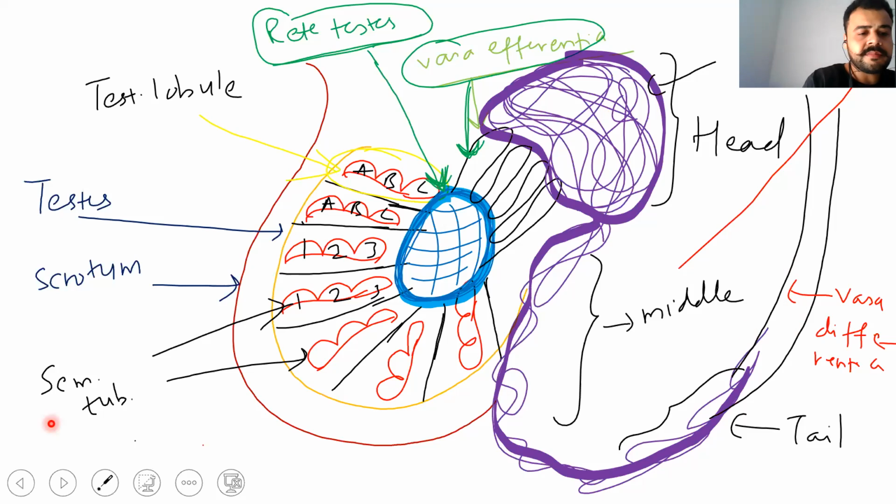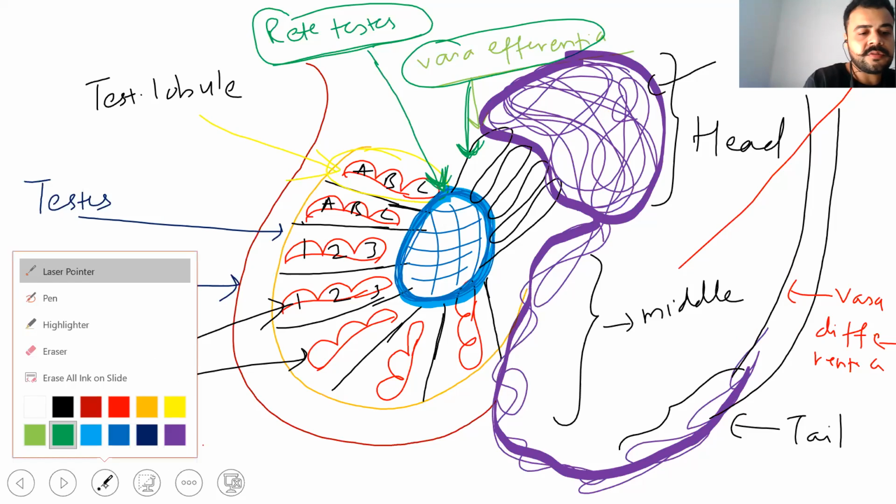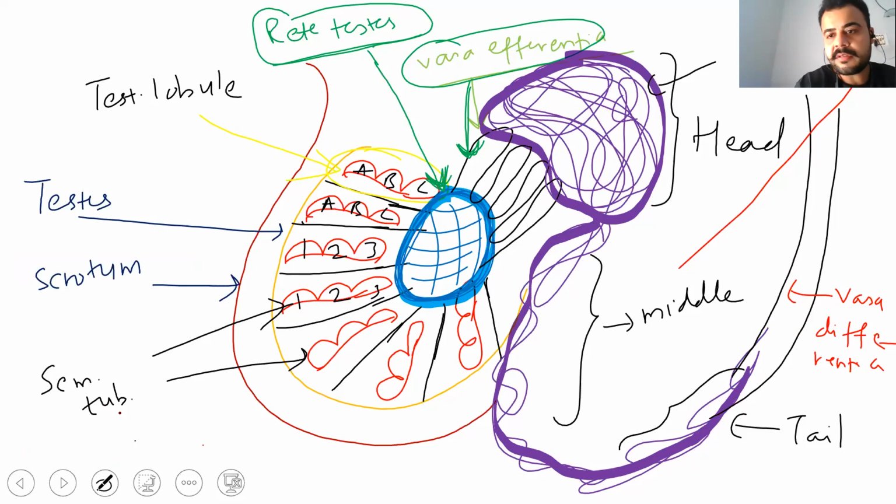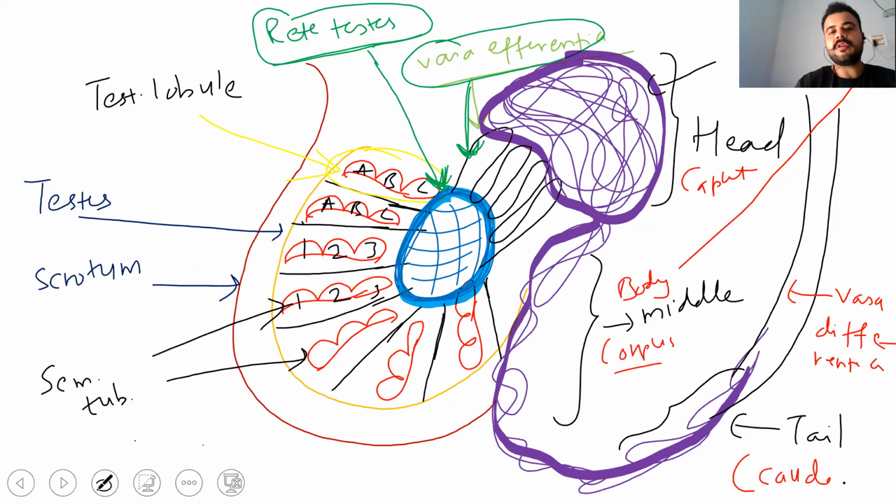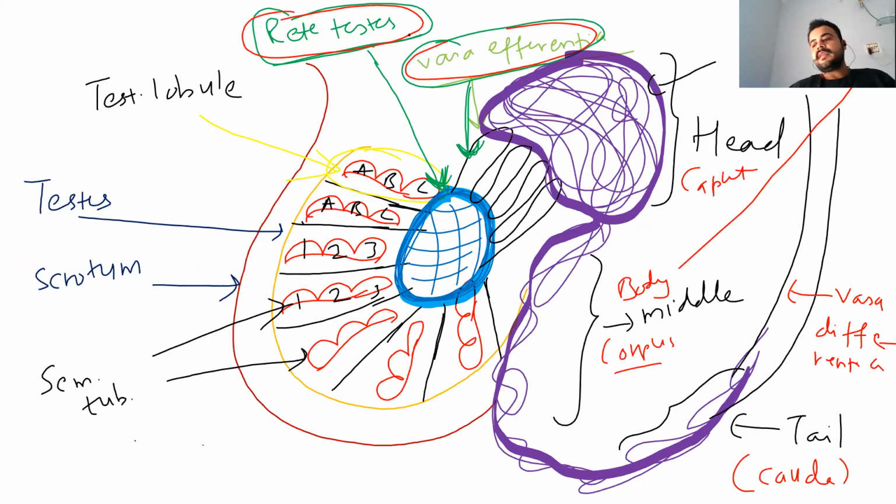So any problems in this now, guys? Any issues? This is just to have a clear idea what it is. The head part of epididymis we also call caput. It has been asked in NEET. The middle part or body part we also call corpus, and the tail part we call cauda. Latin names, yeah? Caput, corpus, cauda.